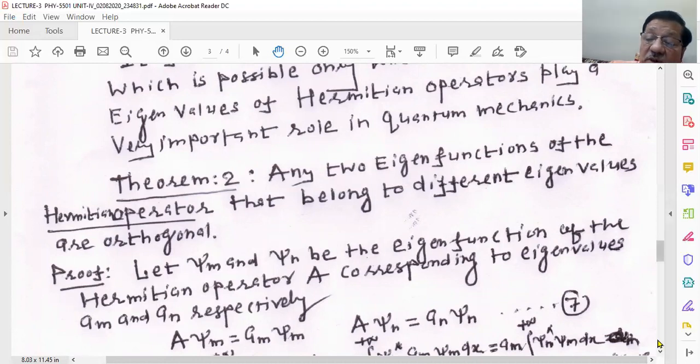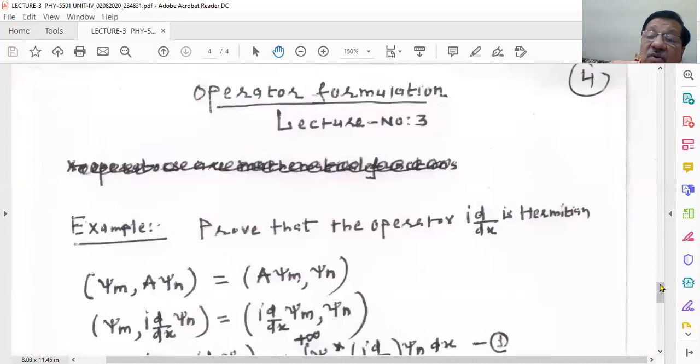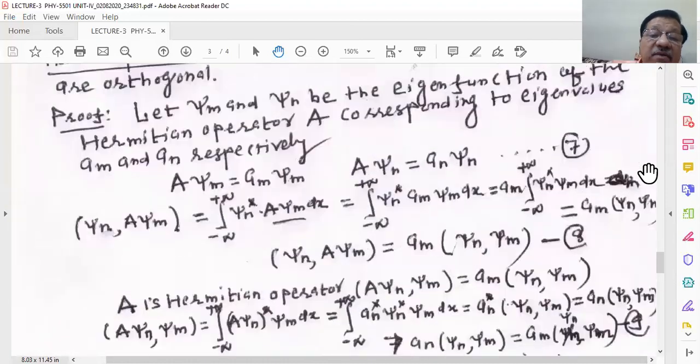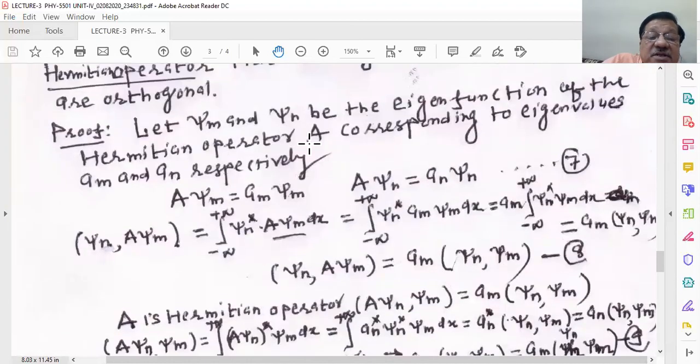So we can write our equations in this form. A operating on psi m is equal to Am psi m. This is the eigenvalue equation of eigenfunction psi m.